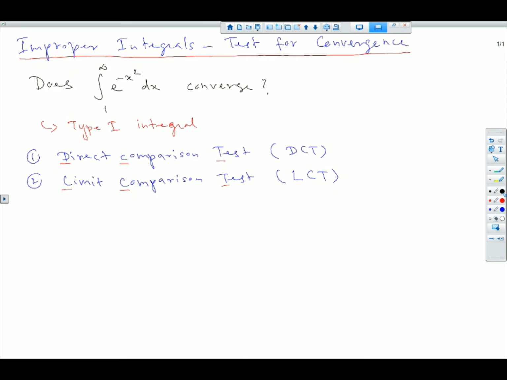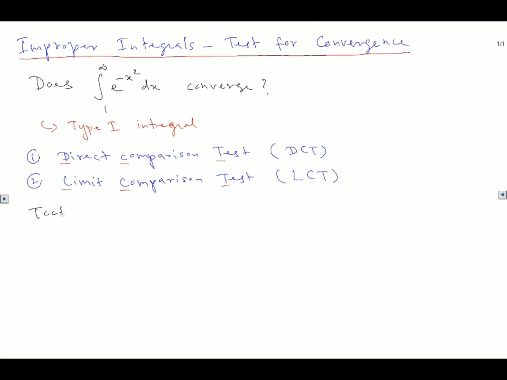Okay, and then we also need certain tools. We can go with 2 things in this situation.